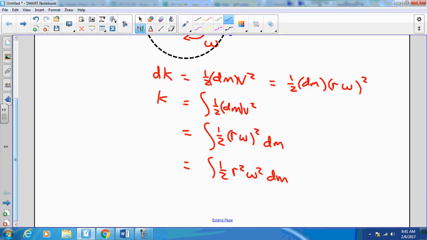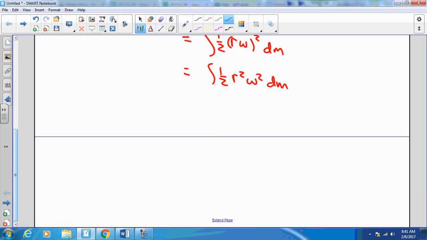What it's saying is that the kinetic energy is the sum over all of the pieces of mass of 1/2 times the radius of that mass squared times the angular speed of the object, omega squared.